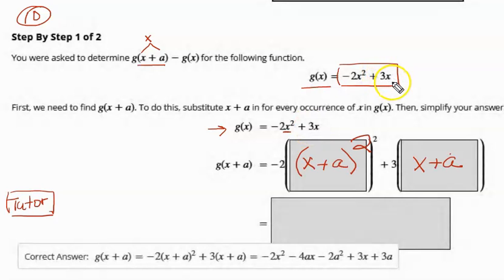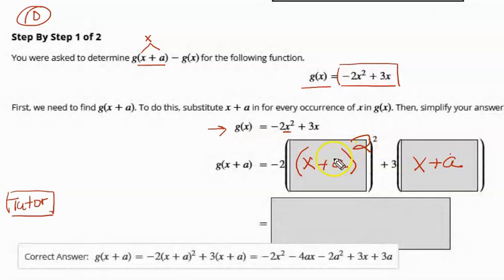And they're doing this in 2 steps. So we're going to take our x from here, and then this is our x, and we have a negative 2, and we're going to substitute the x plus a, which is squared. And again, our first part here, plus 3, and what is our x value? Well, x plus a, which is what we have here. So what are we going to put in this sort of intermediate step?